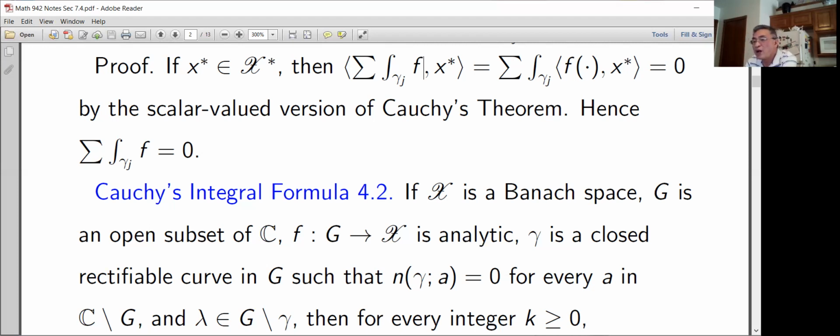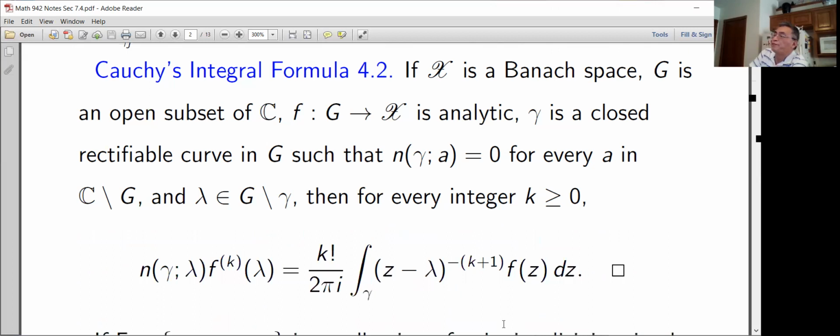So gamma is a closed rectifiable curve in G such that the winding number of gamma with respect to a is 0 for every a in the complement of G. Suppose lambda is a point in G which is not on gamma, then for every integer k greater than or equal to 0, we have this.